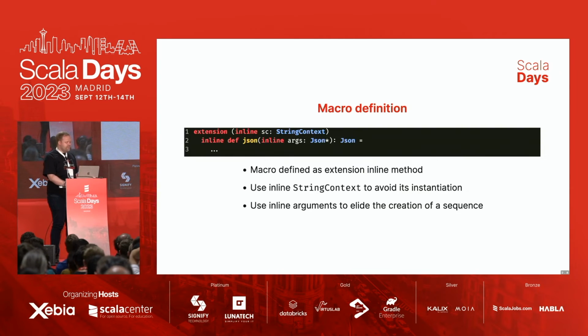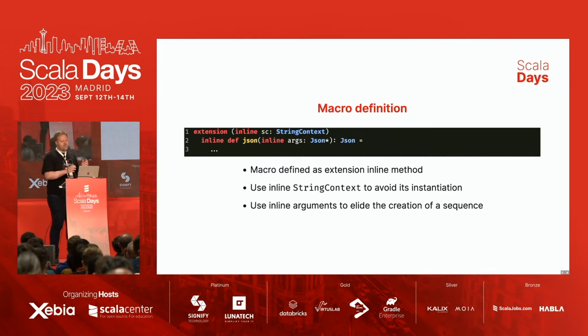So now we have everything we need to start implementing our macro. Here we define an extension method on our StringContext, and we define an inline method called json that will take any number of JSON args. We make the StringContext inline because we don't want to actually instantiate it at runtime.